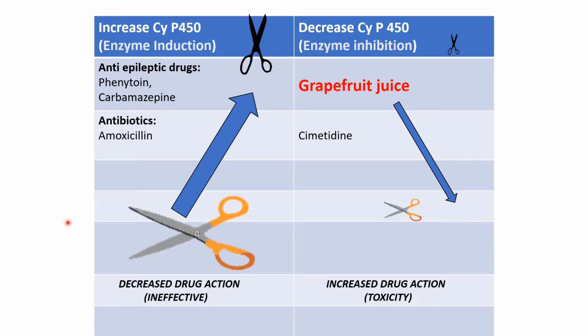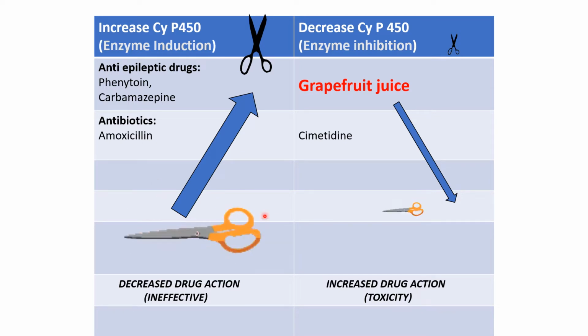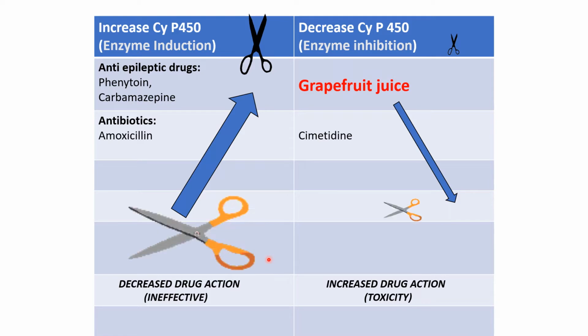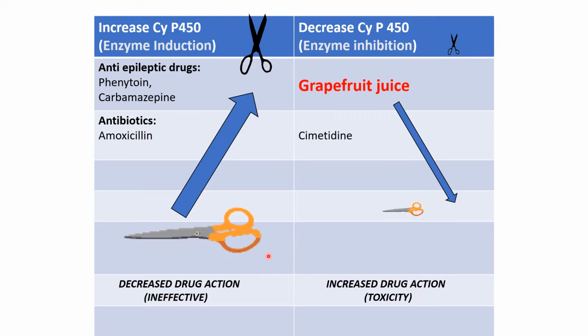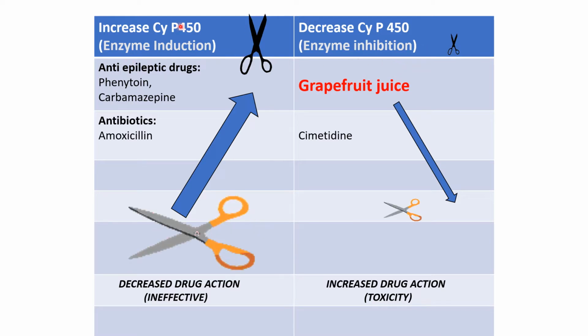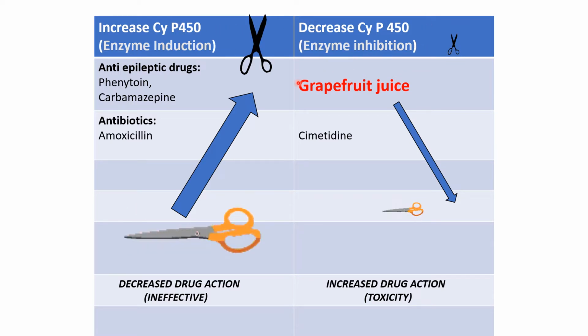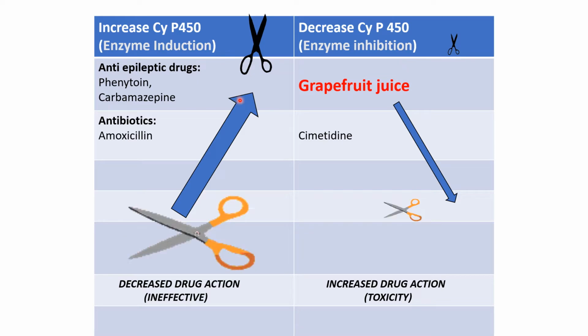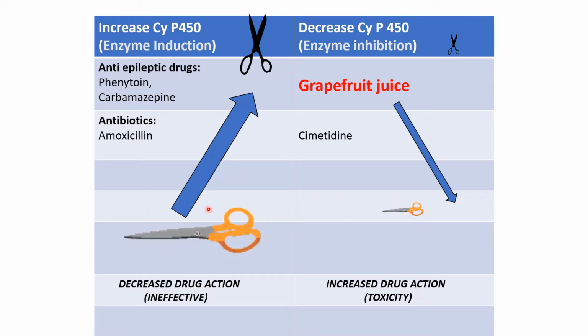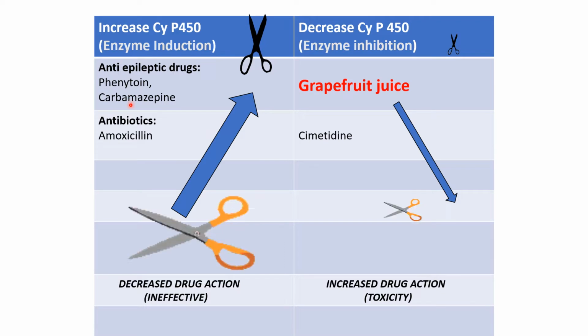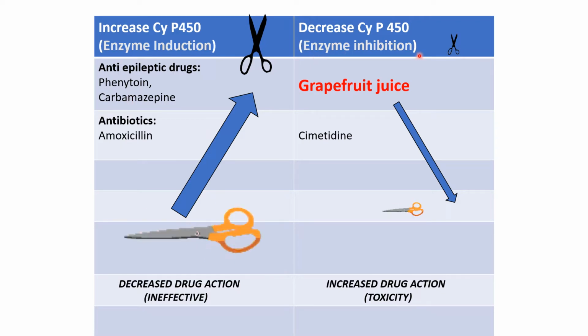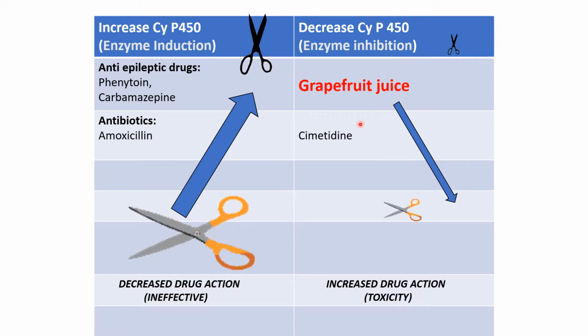This system could be conceived or imagined as scissors that destroy the medication. And you need to know that the same scissors, the same system, the cytochrome P450, can be induced, potentiated, enhanced, or made stronger by certain substances, or can be inhibited, diminished, by other substances.